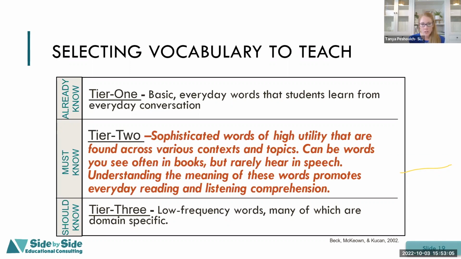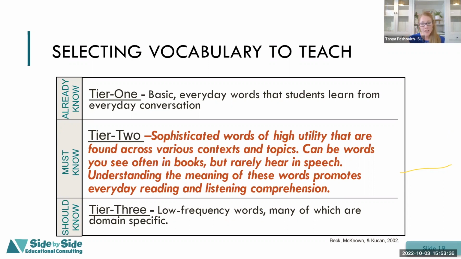These are the words that are high utility. Think high leverage words, because they can be utilized in various contexts and across many different subject areas. They're words that we're often going to see in books. We don't hear as often in speech. Remember, we talked about last time, what we see in books is often much more complex in terms of vocabulary than what we hear in speech.